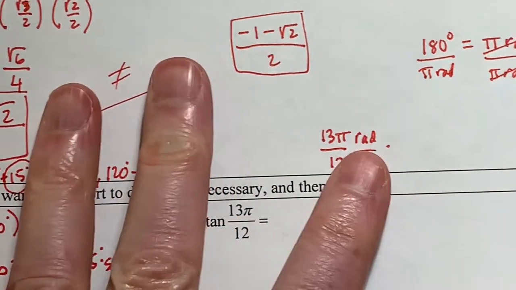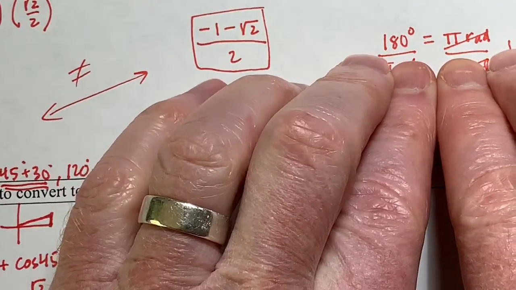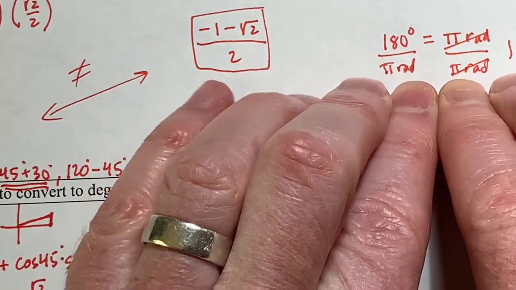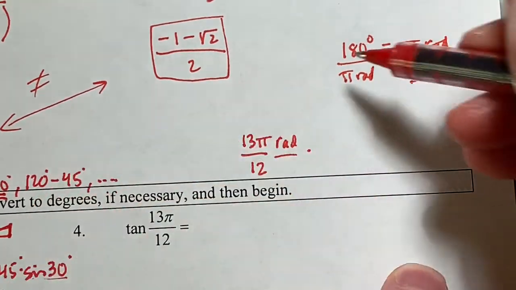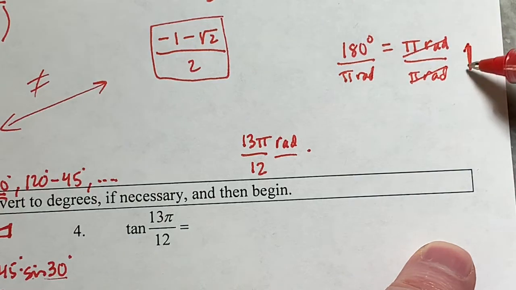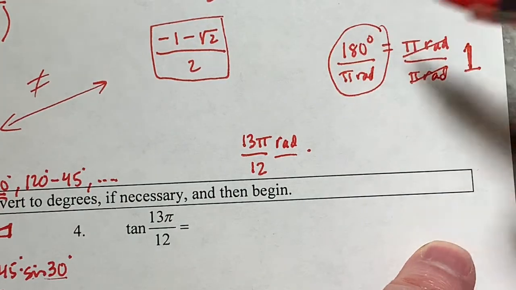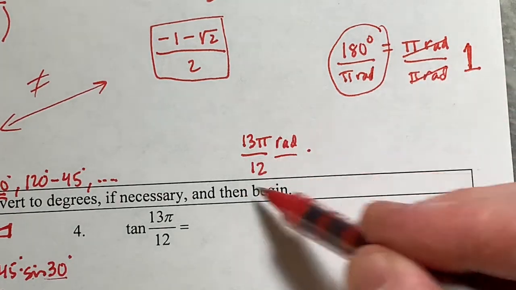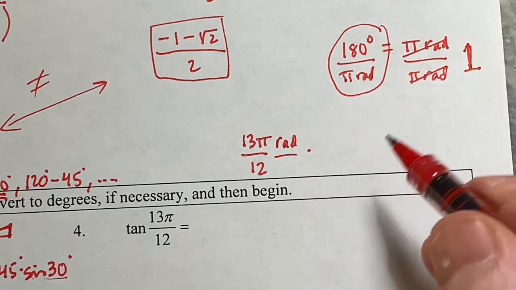So I know right now that 180 degrees is the same thing as pi radians. Well, if I divide both sides by pi radians, then that tells me that 180 degrees over pi radians is equal to 1. Well, that means this is like a conversion factor. I can multiply anything by that and watch what happens.